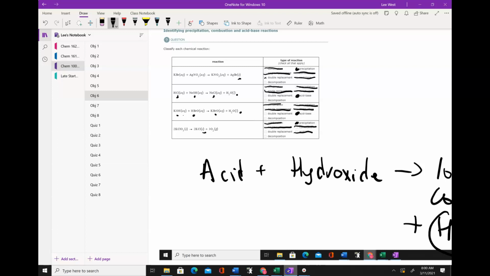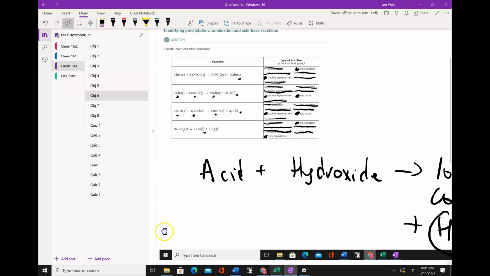So we have that in the first case. We have it in the second case, we have it in the third case, but we only have one reactant in the fourth case, so that's no good. And then finally, decomposition is when a single reactant falls apart into multiple components. The only one that meets that criteria is the last one there.